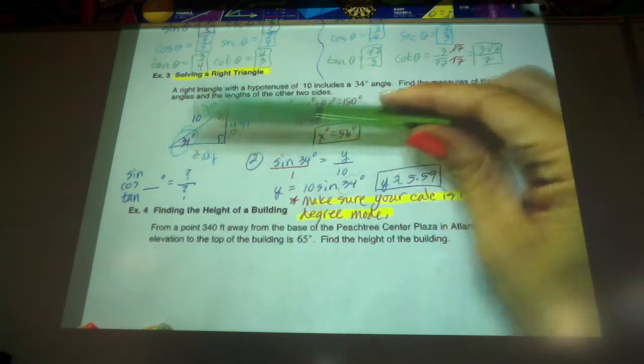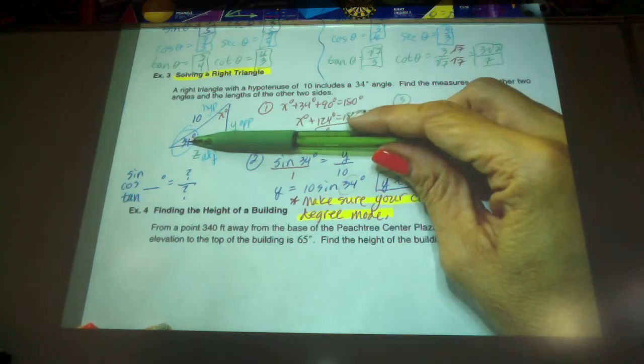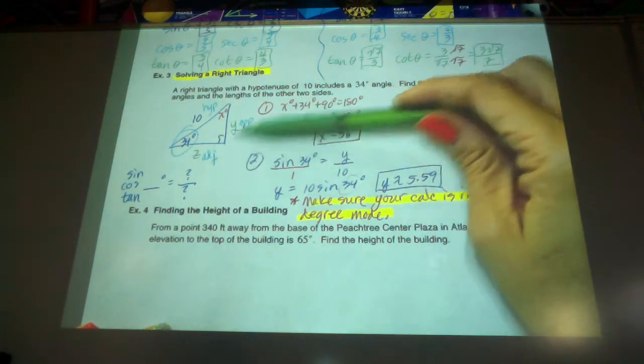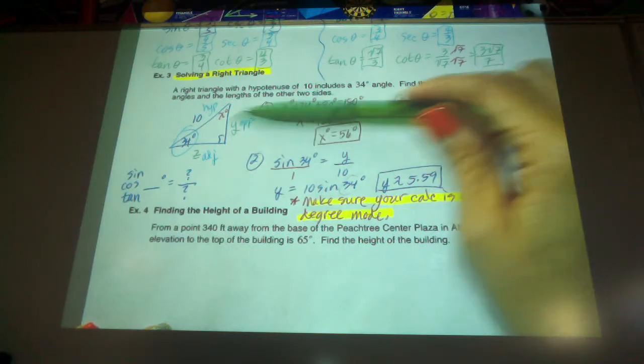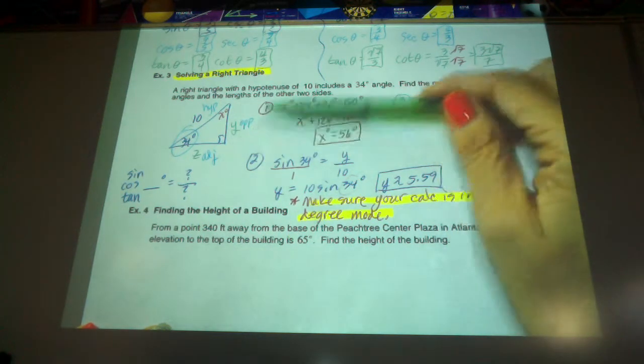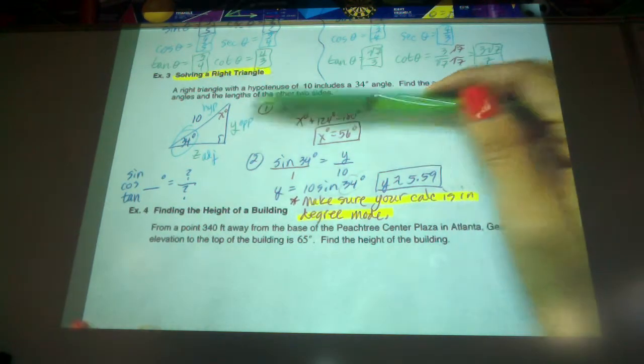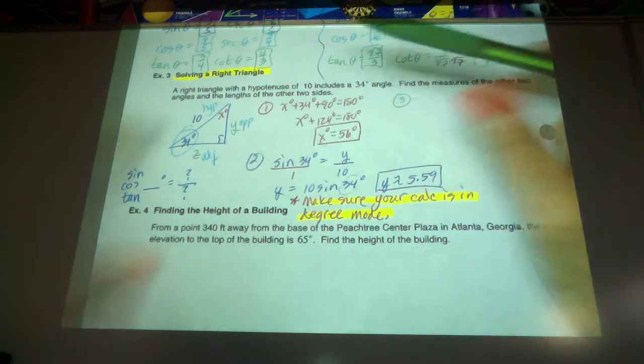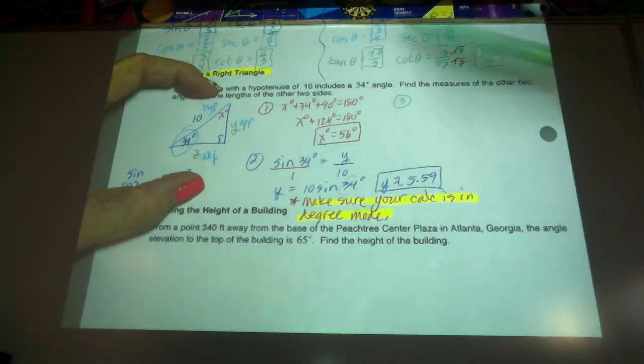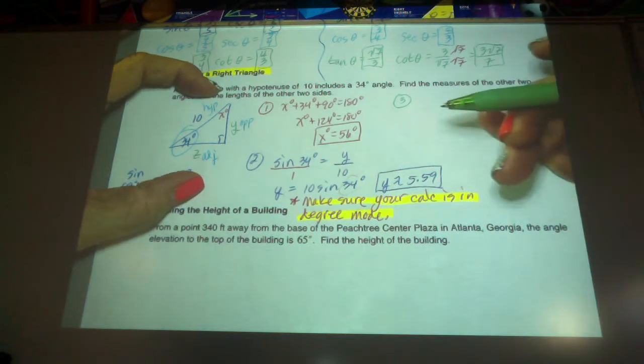I also would not choose to do tangent of 34 degrees, which is opposite over adjacent, because again, you're using that y that you might have made an error in, that you were not given. So if you want to be on the total safe side, I'd do another trig function using only the information you've been given.